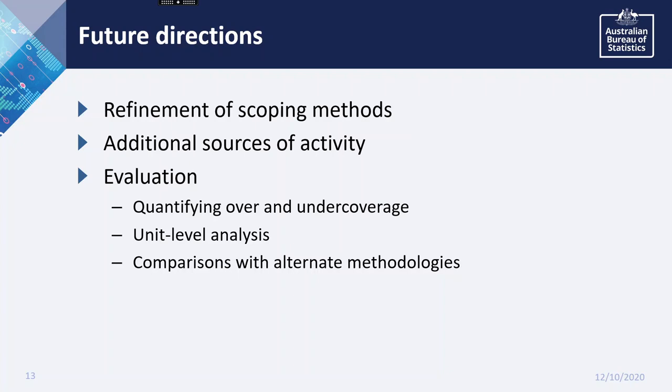So quantifying our over and under coverage of the population, perhaps trying to do some more unit level analysis to understand whether we're making the correct decisions at a person level. And then also some comparisons with alternate methodologies that might work. So just checking that there aren't other methods we could be applying that would yield similar results.